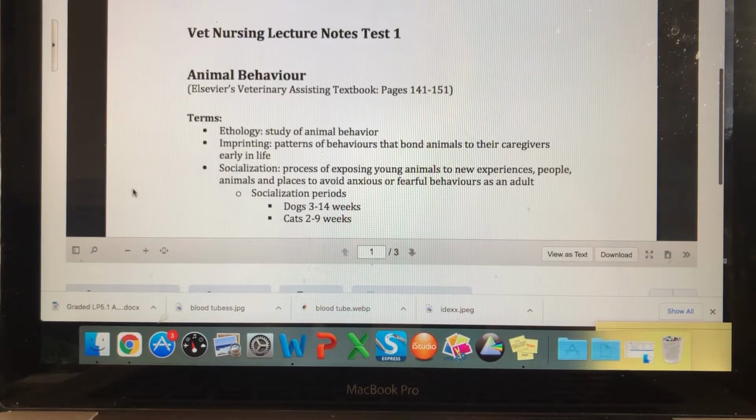And with dogs, I've seen them get adopted out, from breeders anyway, as old as 16 weeks. So you can see that with those socialization periods, we're really relying heavily on breeders or whoever's caring for the litter early on in their lives. We're really relying on them for that socialization.